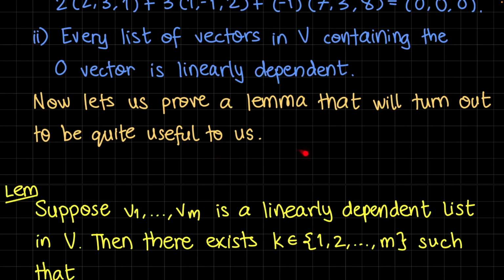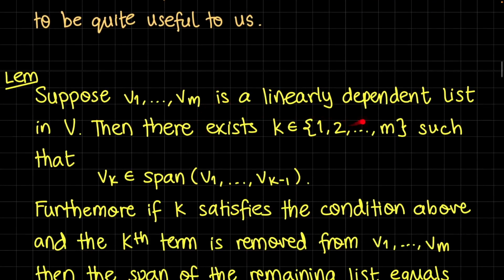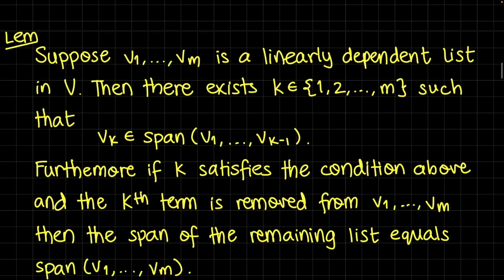Let us now prove a lemma that will turn out to be quite useful to us. Suppose v1 through vm is a linearly dependent list in V. Then there exists some index k which belongs to the set of indices 1 through m, such that vk belongs to the span of the k minus 1 vectors before it in the list, which is v1 through vk minus 1.